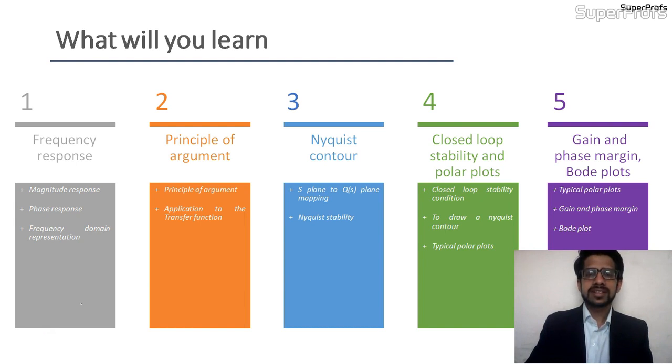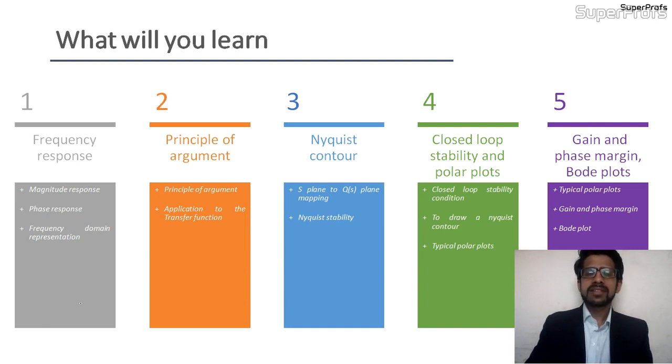But in Nyquist stability criteria, from the knowledge of open loop zeros and open loop poles, we will be able to determine the closed loop stability. That means even if we just have the system parameters for the open loop system, we will be able to determine the stability for closed loop.